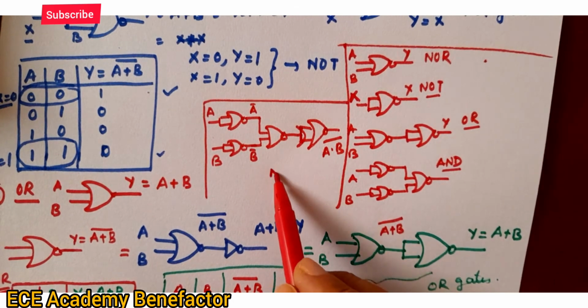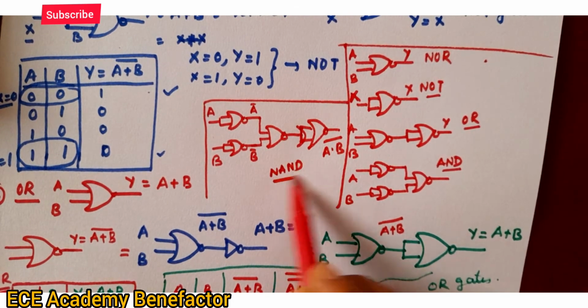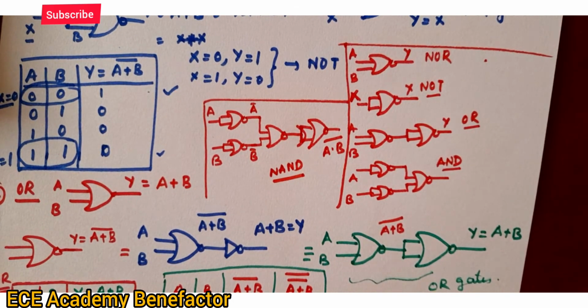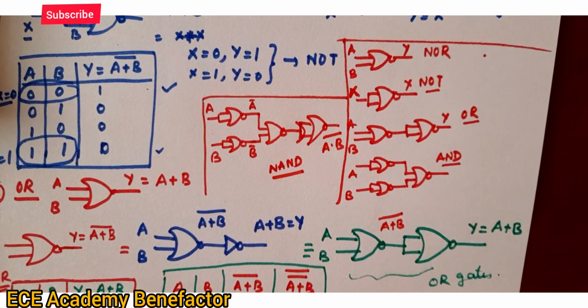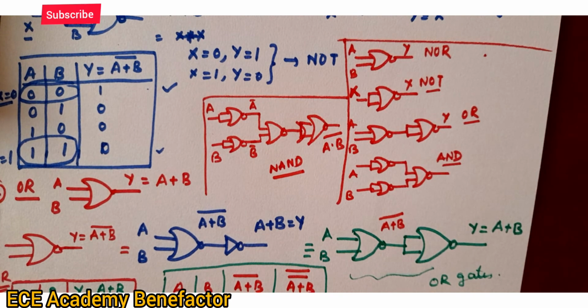Okay, so this is a NAND gate. So in this way we can design NOT, OR, AND and NAND gates using a NOR gate. So the NOR gate is a universal gate.